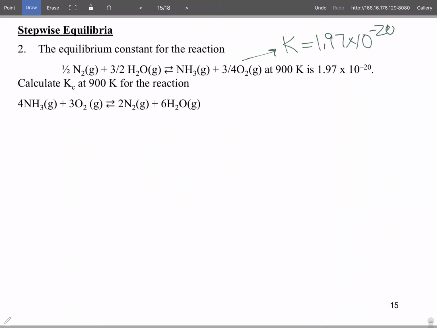Wow. Looking at this, this is really small, so is it product or reactant favored? Okay, because it's small, it is reactant favored. Now, the previous one, which was 20, if you're within 1,000 either way, 1,000 to 1 over 1,000, you're really kind of one. It's when you get past that.